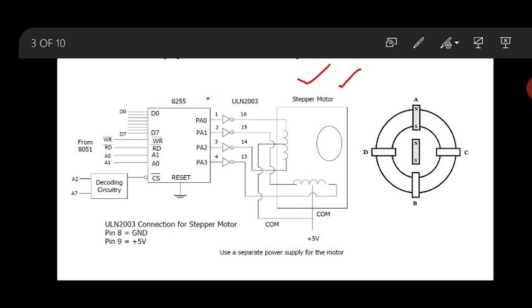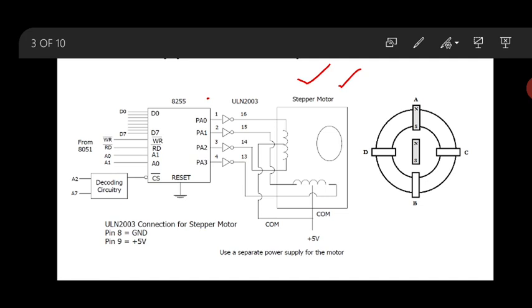Now this is what we call electromagnetic induction. A, B, C, D are magnets. These are energized, or they possess magnetic properties, when electrical signals are applied.